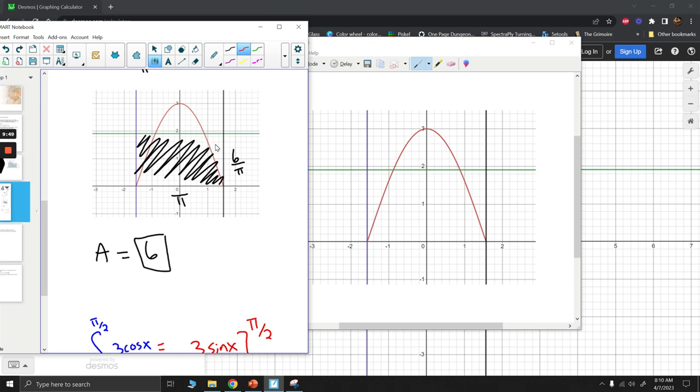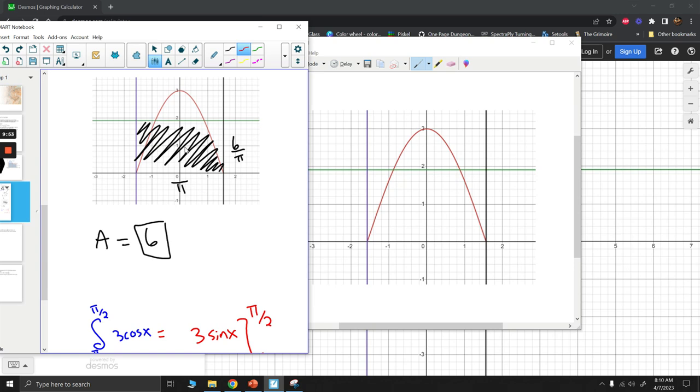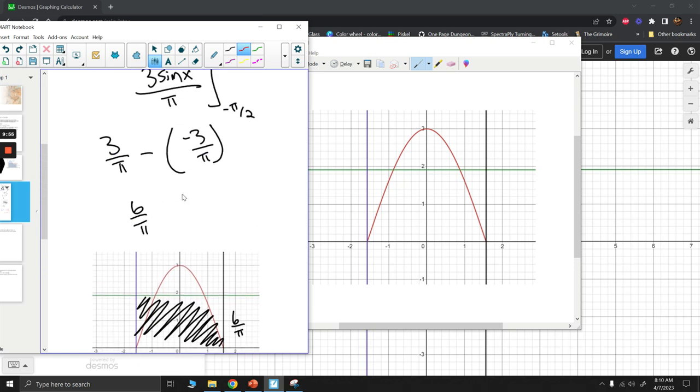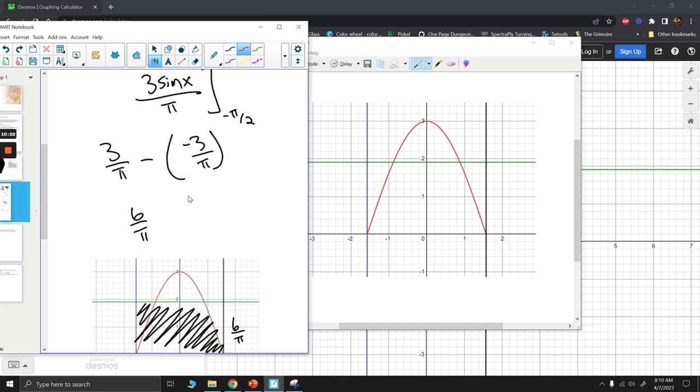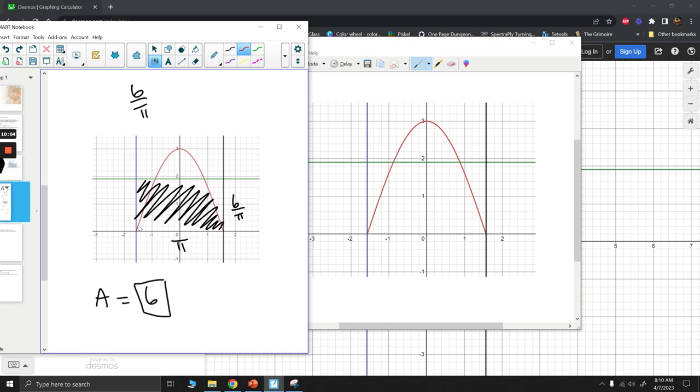So it follows that this would happen, but I just want to re-emphasize that fact, that we are finding this average function here. This f average is the average height of our function. And if we take the average height and multiply it by the width, we will get the area.